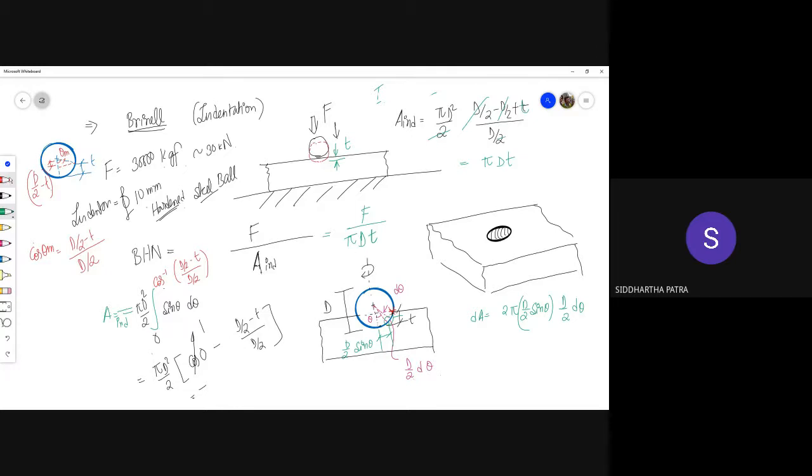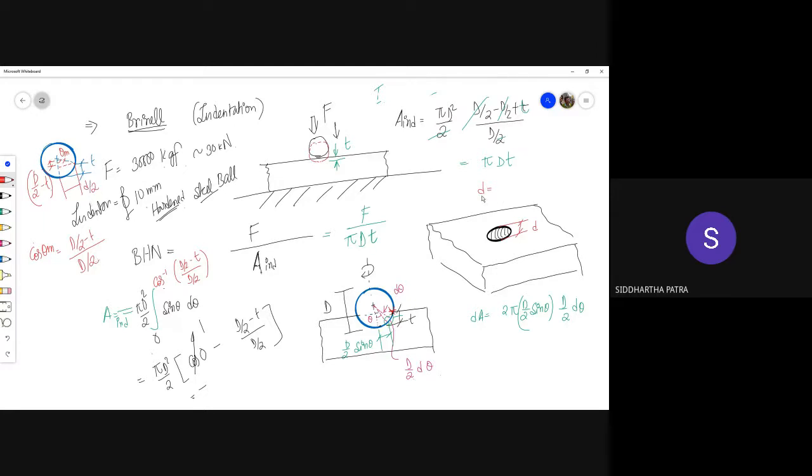Now the diameter of the indentation, if I call that small d, so this small d, as we discussed, is this quantity. This thing is small d divided by 2.